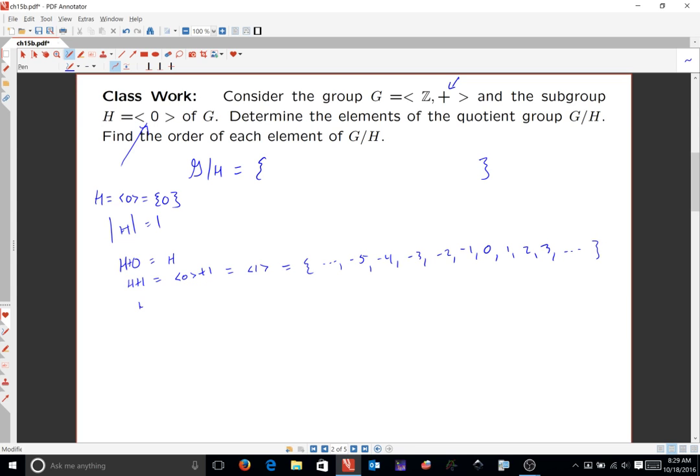What would H plus 2 be? And what group is that? What are the orders of all of those? Infinite.